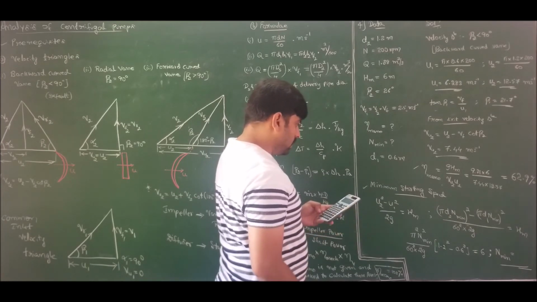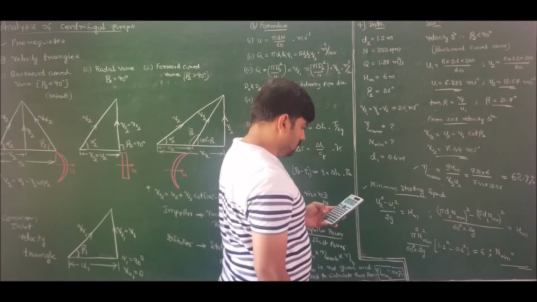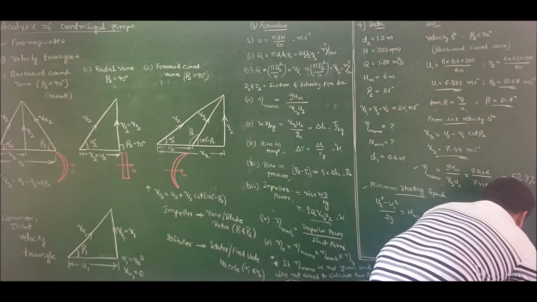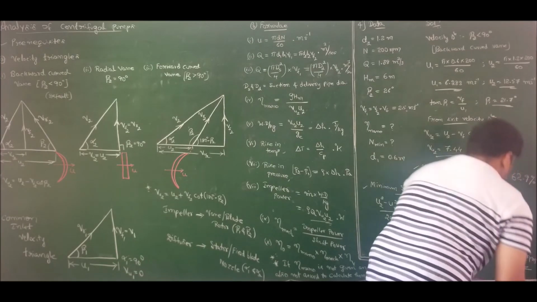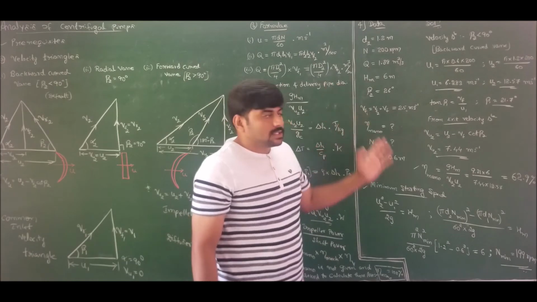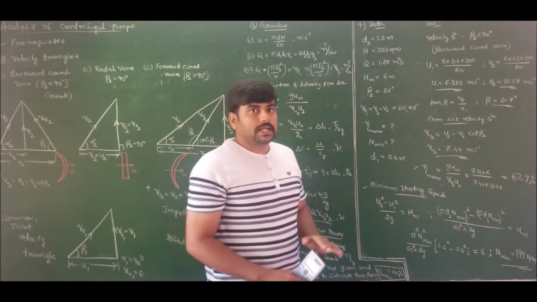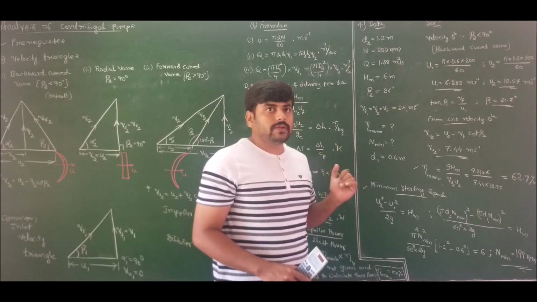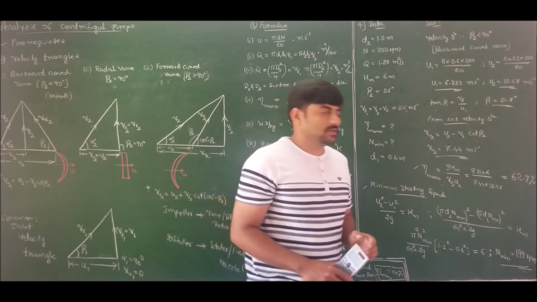So if I solve, I will get the answer as 199 RPM. So the minimum starting speed is 199 RPM. This is the solution for problem number 4. Let me pause this video for a while so that you can copy it down. Later we will solve problem number 5.